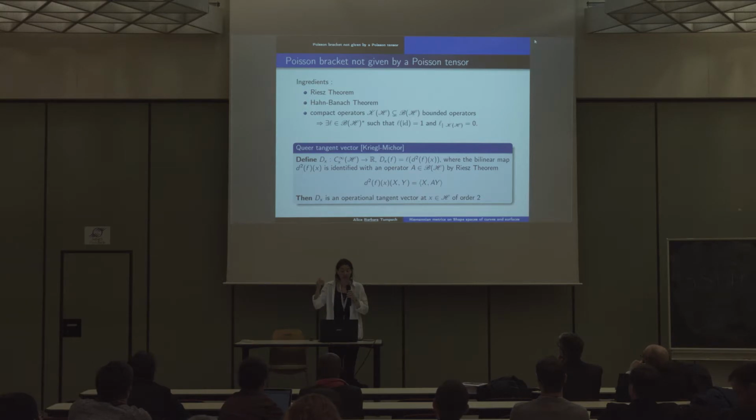By this fact, by Banach's theorem, you have the existence of a functional on the set of bounded operators which takes the value 1 at the identity and is 0 on the set of compact operators. We will call it L. There are many, but this one.